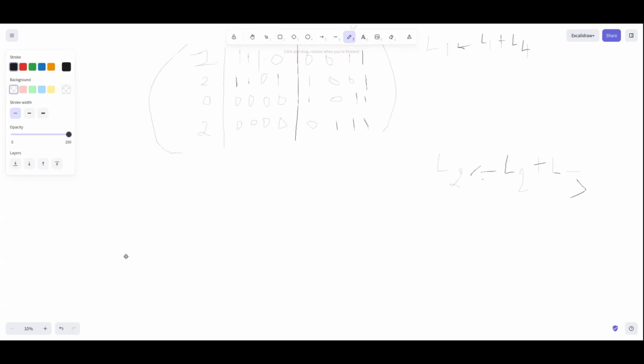So it becomes 1. So 1, 0, 0, 0, 1, 2, 1.